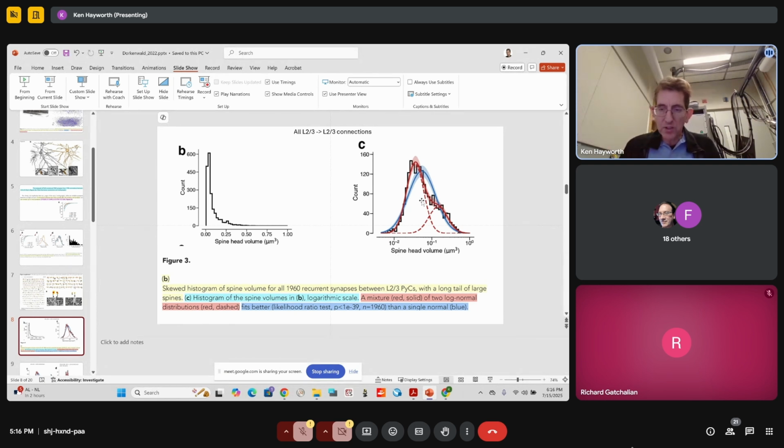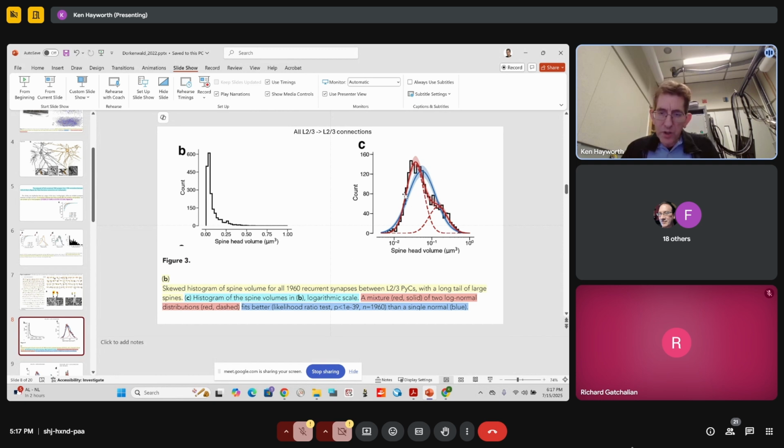So it looks like a normal distribution roughly if you plot the spine head volume in log at the bottom. So this is for all 1,960 recurrent synapses, including just the single synapses.